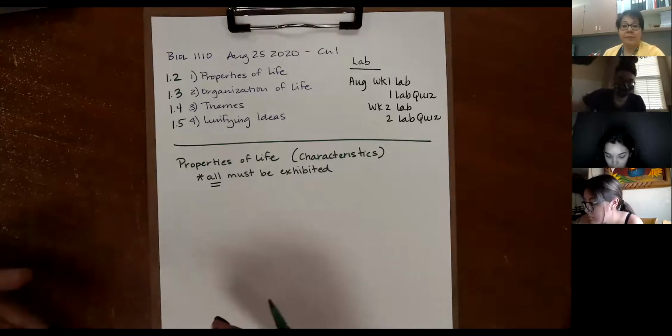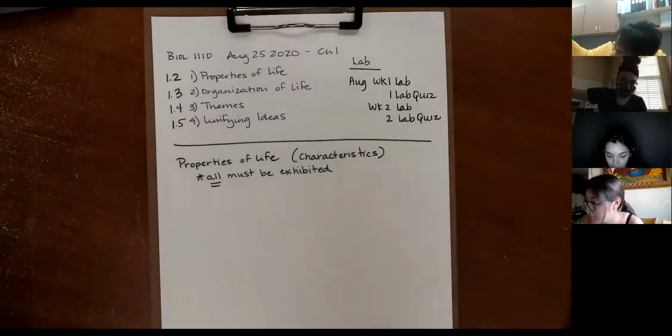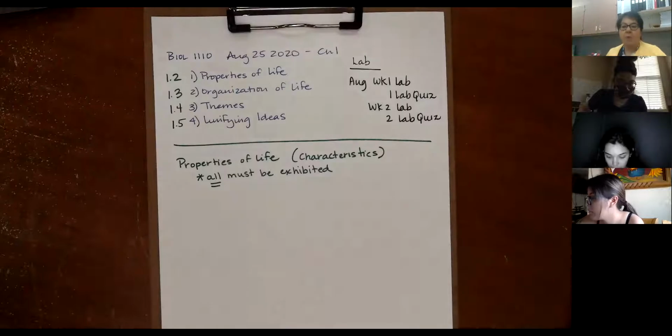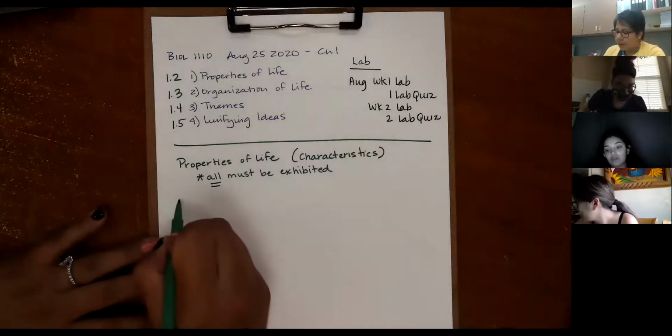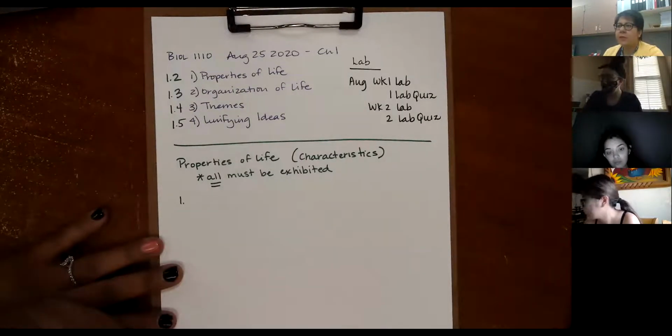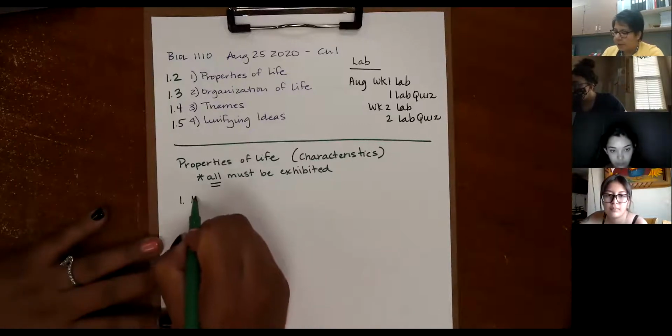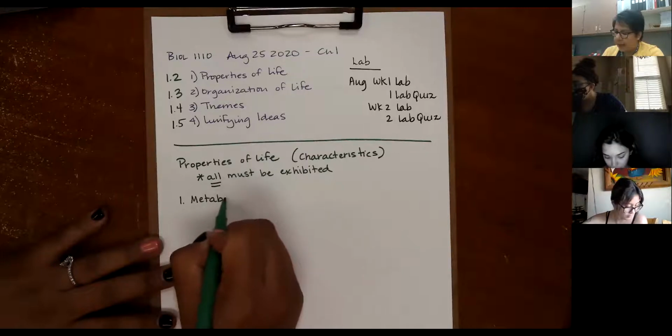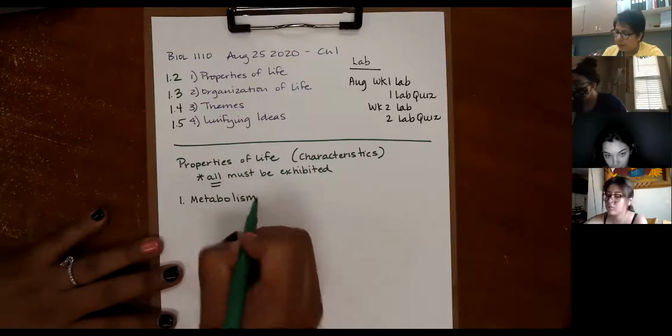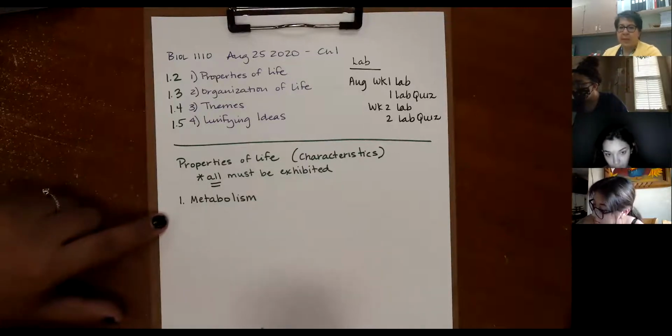Some of them are very visible, I mean, like we can look at you and see it happening, and others are more hidden. So for example, one of the things that you have to be able to do in order to be alive is you have to exhibit some sort of metabolism. Some parts of metabolism are hidden, some of them are more obvious.